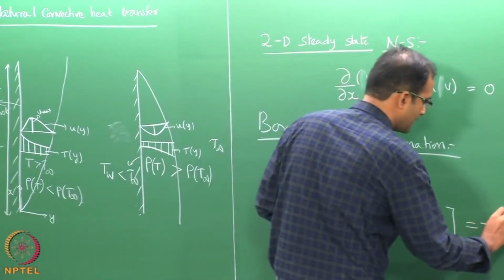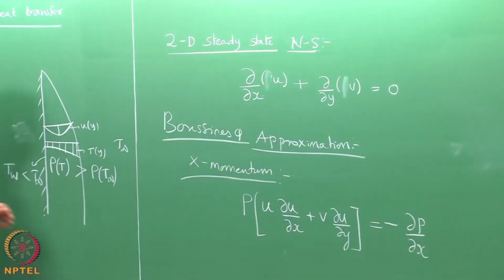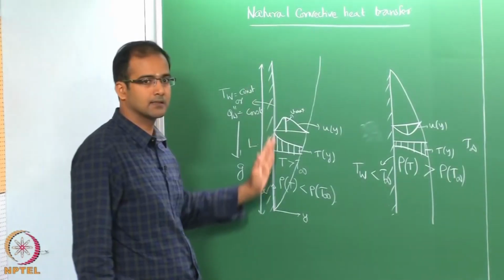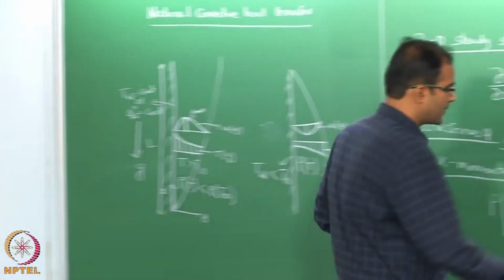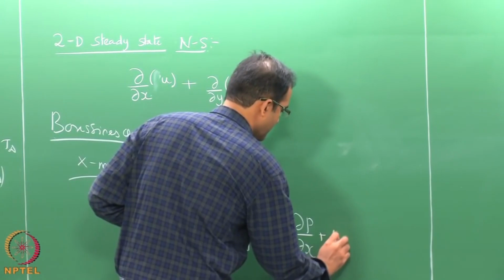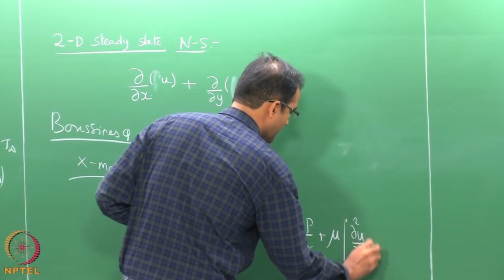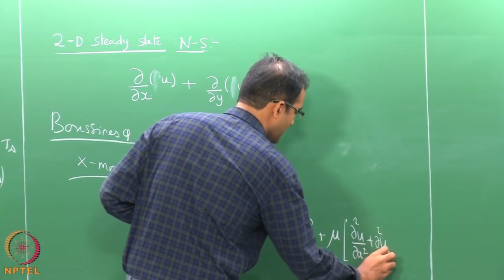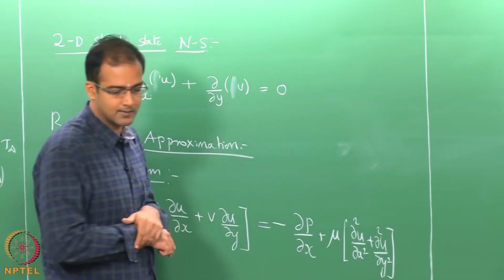Minus of dp by dx. Now this is the momentum in the direction of the plate, that is in the vertical direction. So, you have minus dp by dx plus mu into d square u by dx square plus d square u by dy square, and then what else?